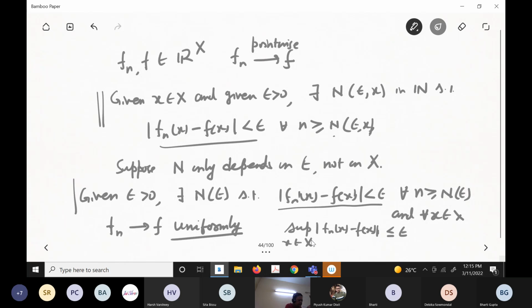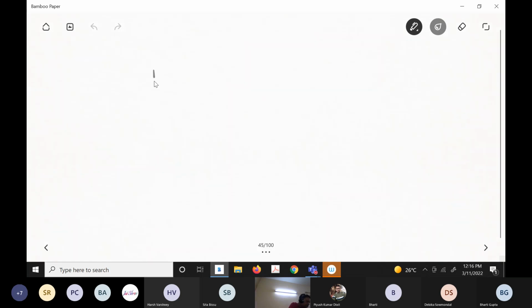This is a real number, so f_n is within epsilon of f for all n greater than or equal to n_epsilon.